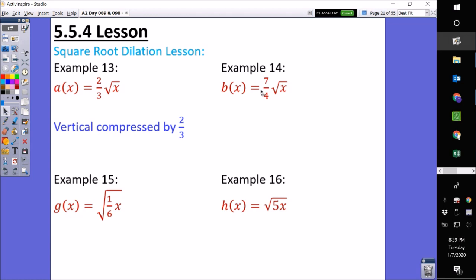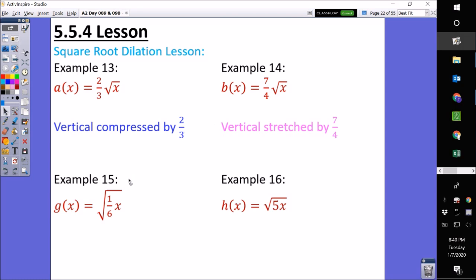If the top is greater than the bottom, then the number is more than 1. So this will be classified as vertical stretch by 7 over 4. Vertical for being outside, stretch for having our fraction more than 1, by 7 over 4.